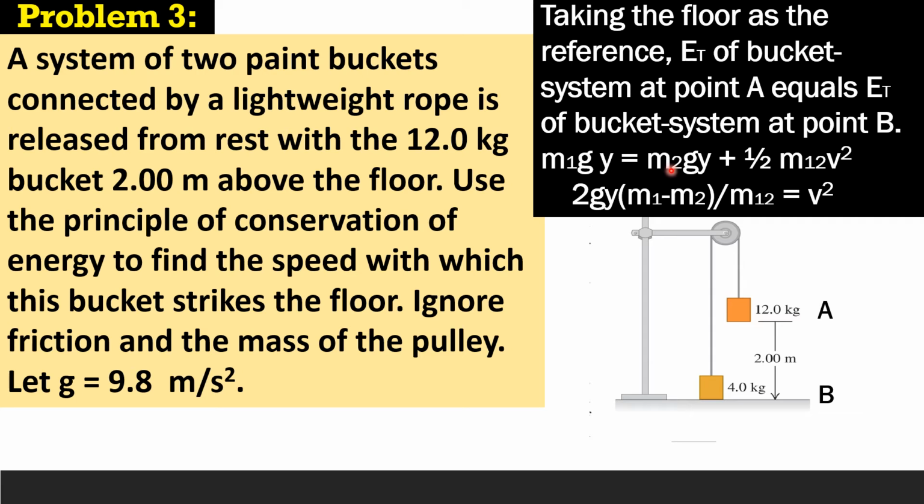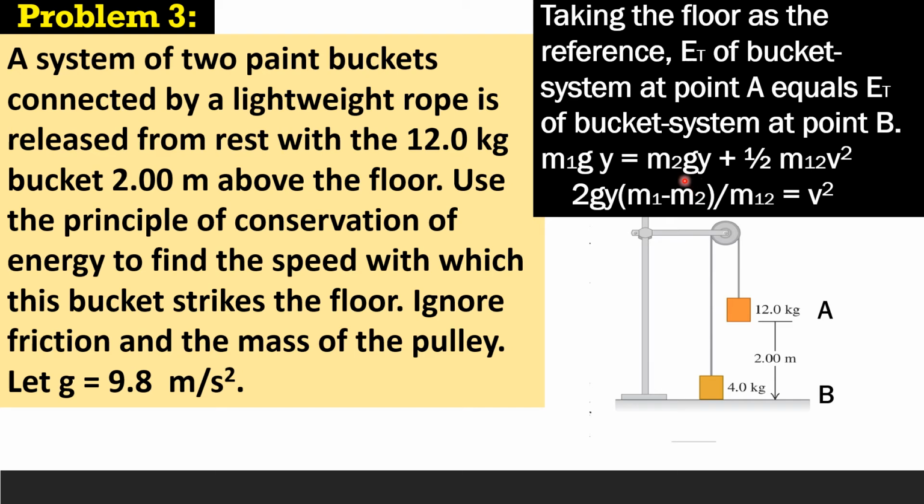of the smaller mass as soon as it reaches this point, 2 meters from the floor as well. The moment the 12 kilogram is about to hit the floor, the 4 kilogram mass is also being raised, because it's attached to the same rope. So it will be lifted by the rope to a distance equal to 2 meters as well.